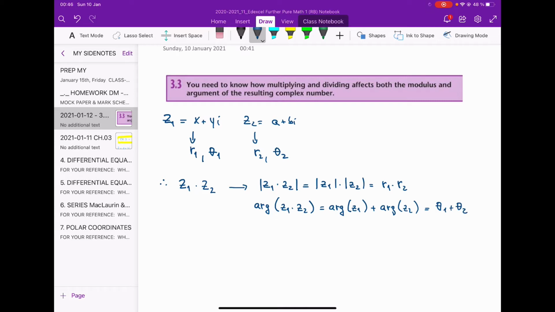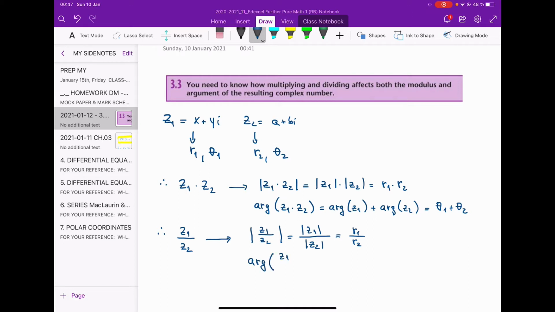Okay. The second one is for the division. It is a similar story. If I divide two complex numbers, then the modulus of the quotient is the ratio of the moduli: z1 divided by z2, or you can say r1 over r2. And for the argument, similar story.